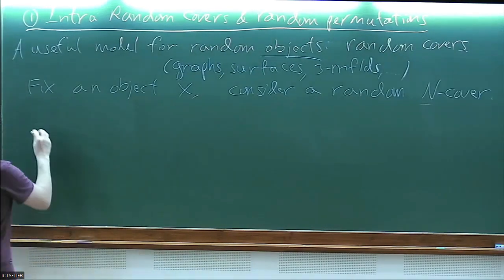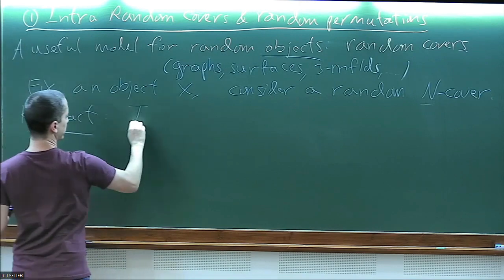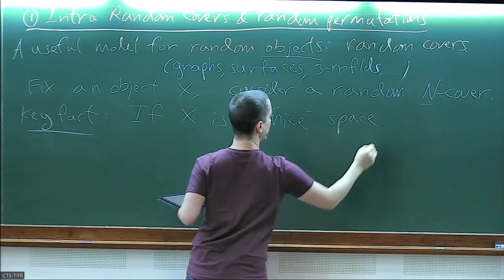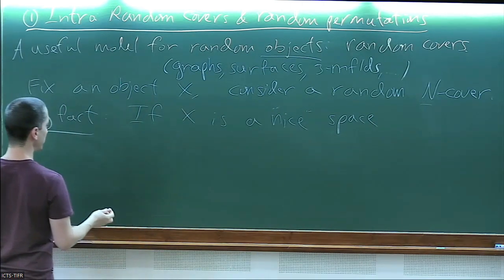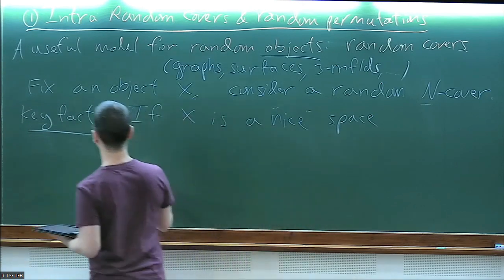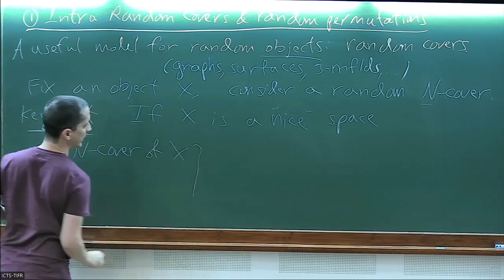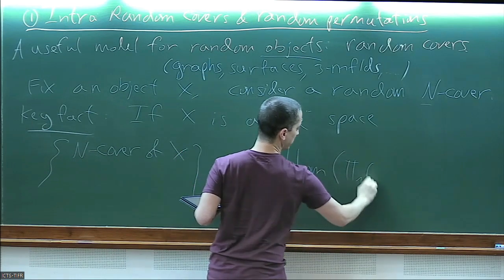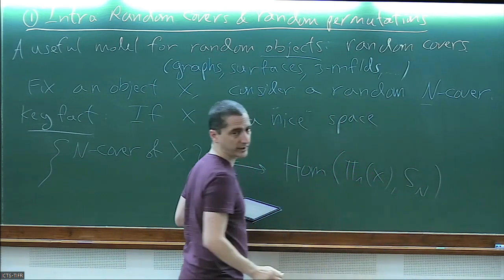And the key fact here is that if X is a nice space, so nice, I mean connected, locally path connected and semi-locally simply connected, but all the spaces that we're talking about are nice, then there is a one-to-one correspondence between, on the one hand, n-covers of X, and on the other hand, homomorphisms from the fundamental group of X to the symmetric group on n elements.